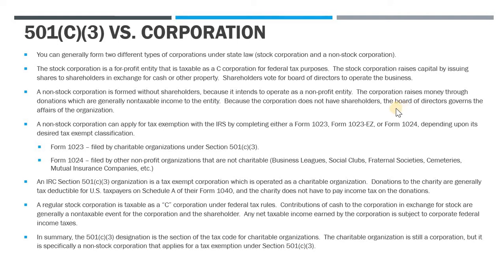And then the corporate bylaws for the non-stock entity will outline how long board members serve, what you need to do to replace board members, and how we vote on who to add and who to kick out perhaps. And so that's how the non-stock corporate entities are governed.